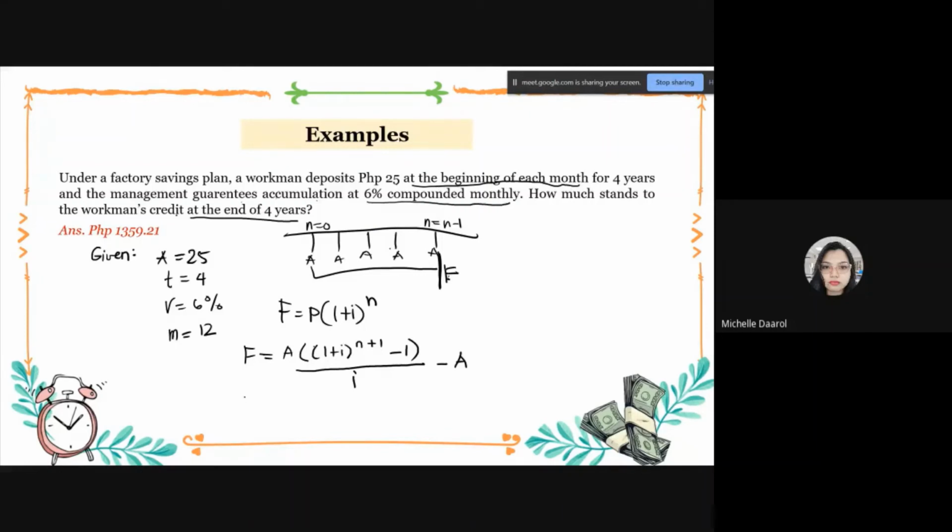Let's substitute. n is 12 times 4, so that's 48. And i is r over m, so that is 6% divided by 12, which would be 0.005.